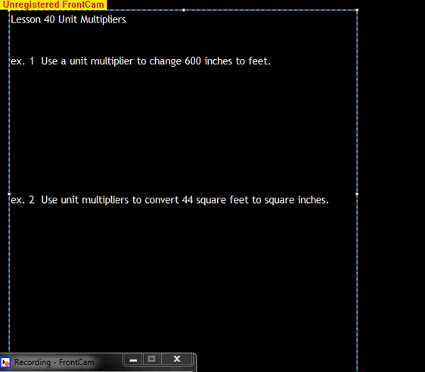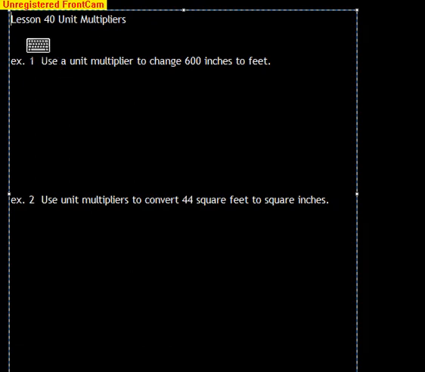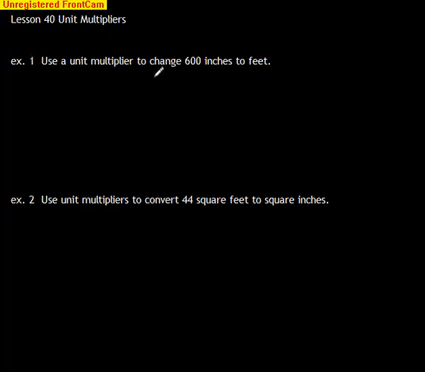So the question says, use a unit multiplier to change 600 inches to feet. And you see it says a unit multiplier, so that just means one unit multiplier. And for those of you who might not know what a unit multiplier is, we know that there's 12 inches in 1 foot.